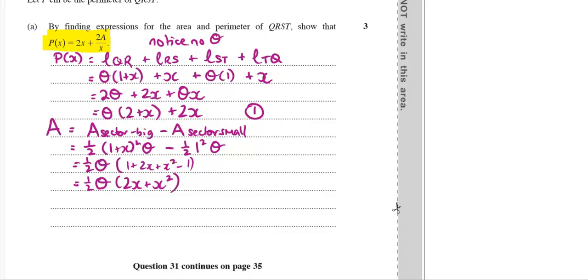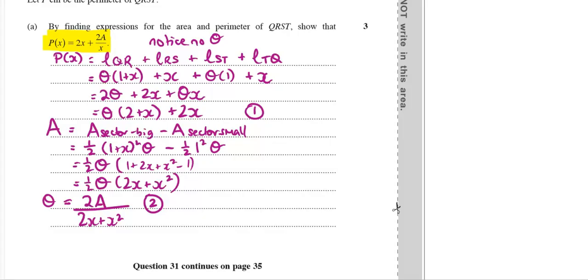All right, so let's make theta the subject of this equation. Theta equals 2 times A over (2x plus x squared). And let's now put 2 into 1.